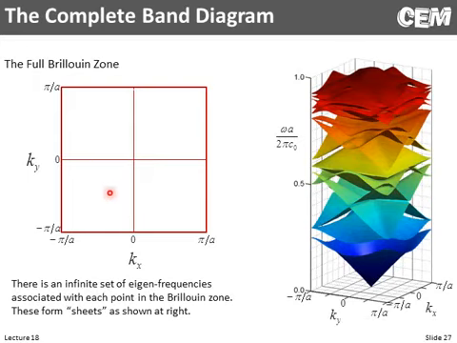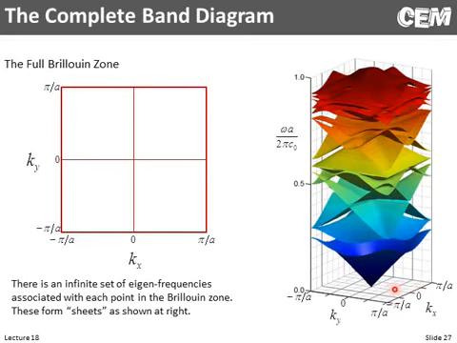Well, if we draw the entire Brillouin zone, and now imagine we set up a double for loop, and we loop through this area, and for every point in the Brillouin zone, we calculate a stack of eigenvalues. In this case, they would come in and out of the board. So if we take that and turn it upright, we end up with the diagram on the right. So this plane on the bottom is the Brillouin zone.